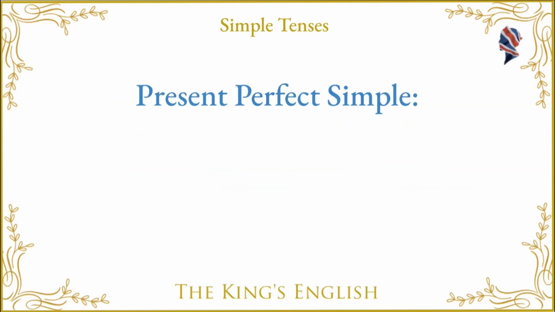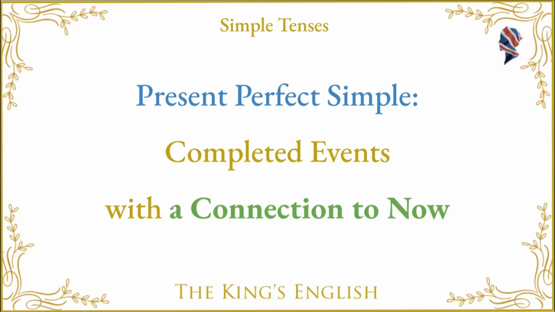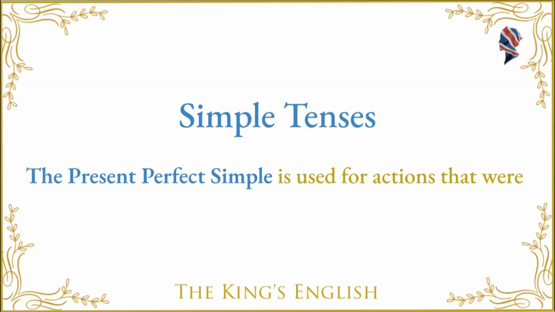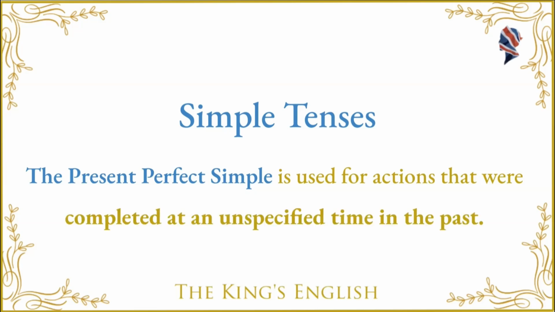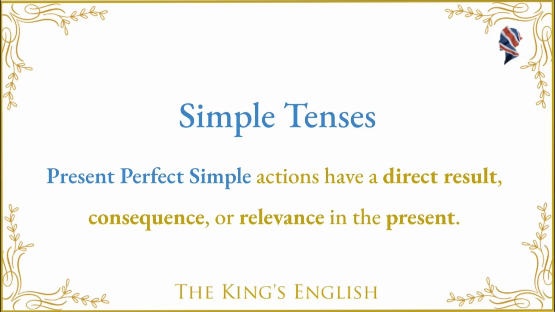Present perfect simple. Completed events with a connection to now. The present perfect simple is used for actions that were completed at an unspecified time in the past. Present perfect simple actions have a direct result, consequence, or relevance in the present.